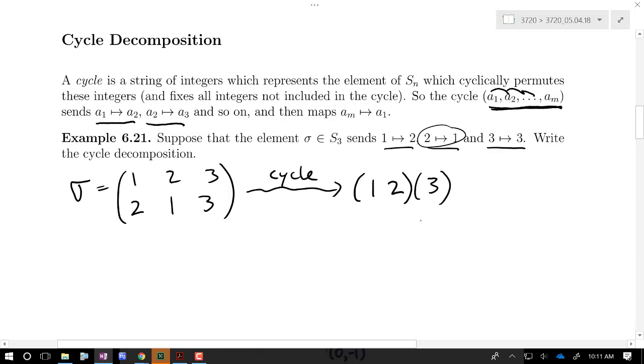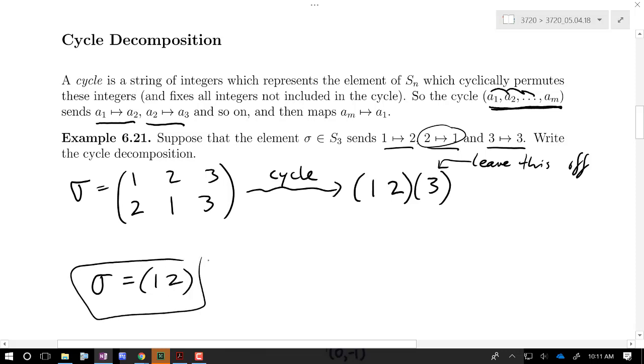So there's like a little cycle with just one element. Now, if an element is fixed by a permutation, so I have this singleton inside of parentheses, we usually just leave this off. And so our cycle decomposition in its final form would just look like (1 2). If an element does not appear in the cycle decomposition, it is understood that it is fixed.